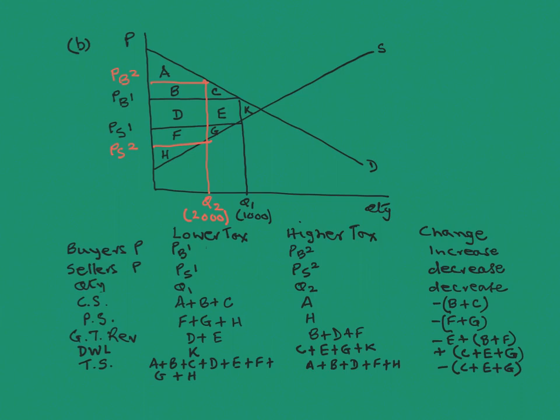Buyers paid more, sellers received less, which means buyers were paying more, from PB1 to PB2, and sellers were receiving less, from PS1 to PS2. The table shows the change from lower tax to higher tax and how it affected market efficiency.